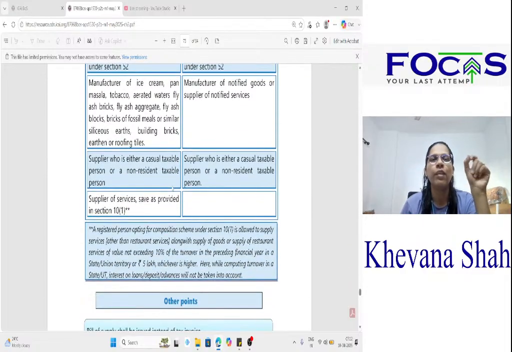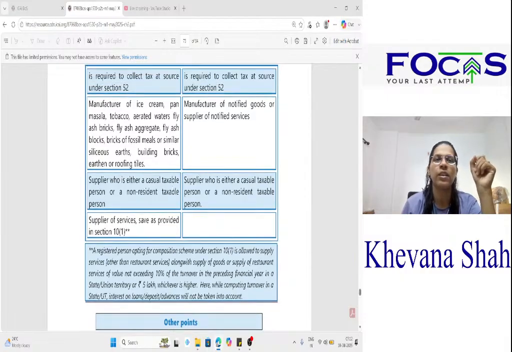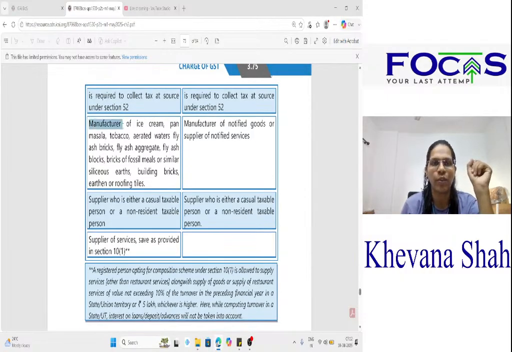Then if you are a manufacturer of ice cream, pan masala, tobacco, aerated waters, fly ash bricks, so these are the notified goods, and if you are manufacturing any of these notified goods, remember here the word is manufacturer.